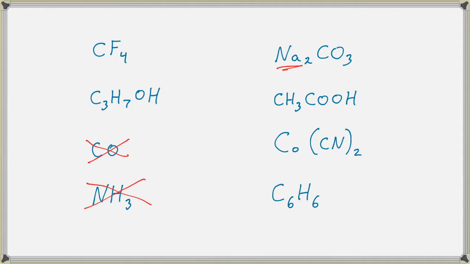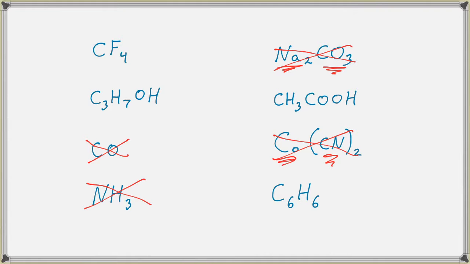So for example, here I see sodium and I see cobalt. Anytime I see metals attached to nonmetals, I know that that bonding is most likely going to be ionic bonds, and I can see here the polyatomic carbonate and cyanides that I know are not organic. So I can eliminate those two.